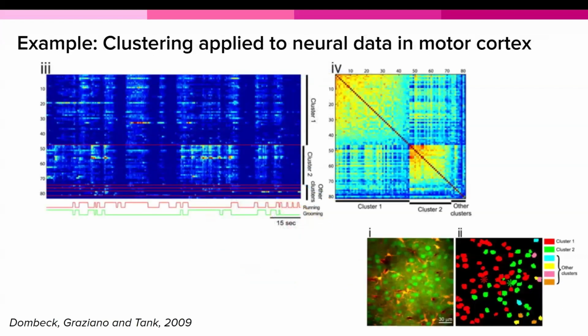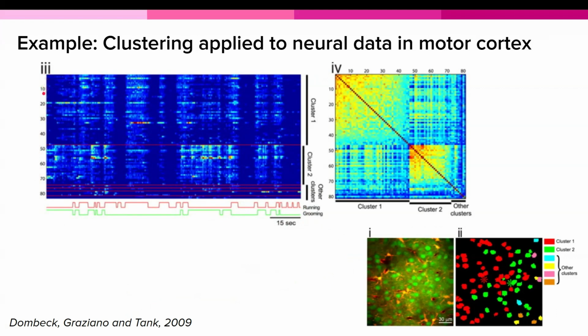So to provide a real world example, this was taken from an actual research paper published about 15 years ago. K-means clustering was used to group neurons based on their temporal activity patterns. This plot here is a heat map of neural activities over time.